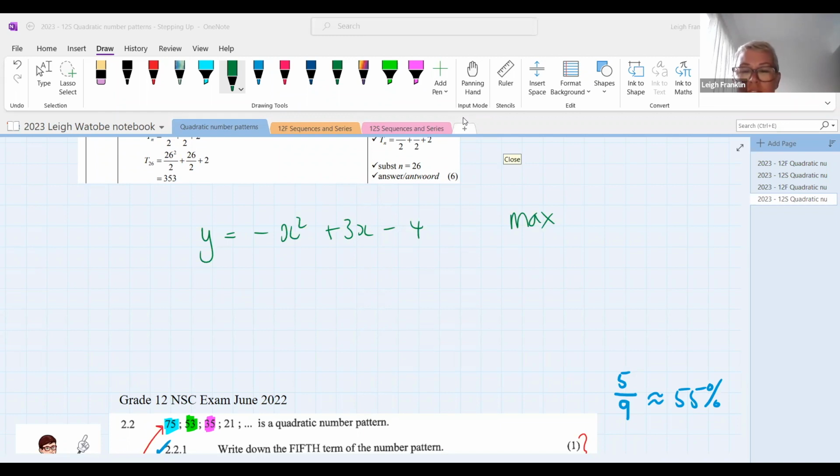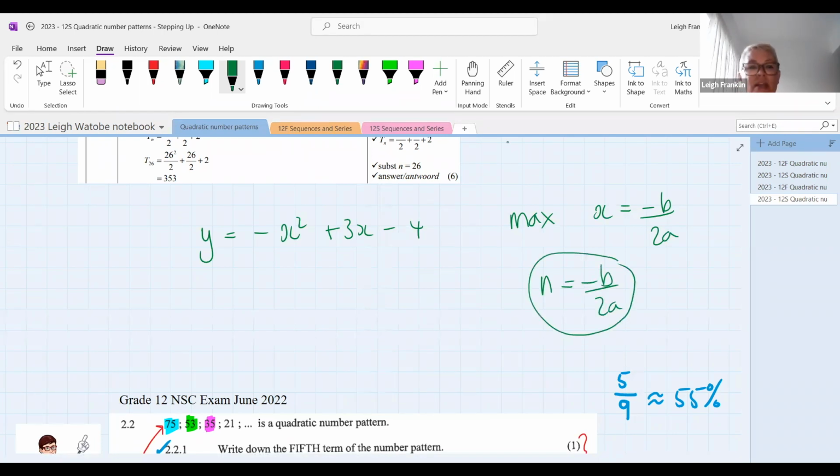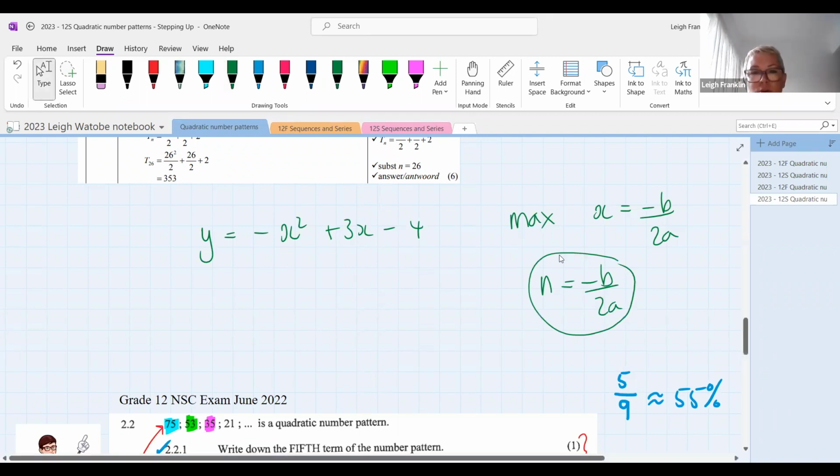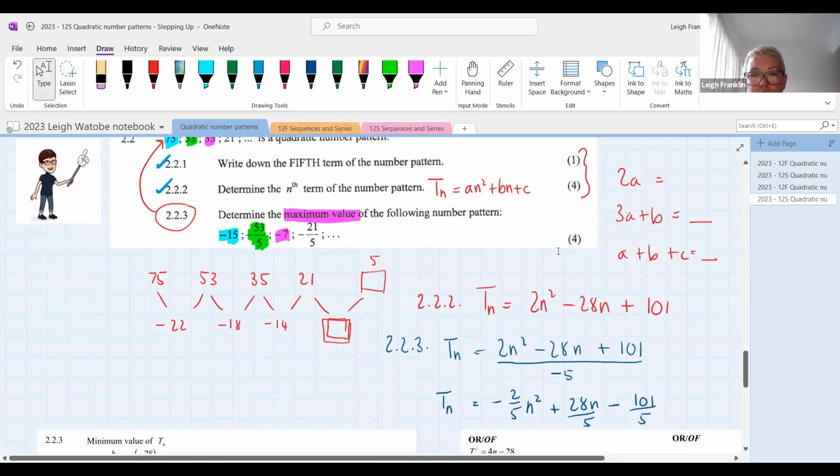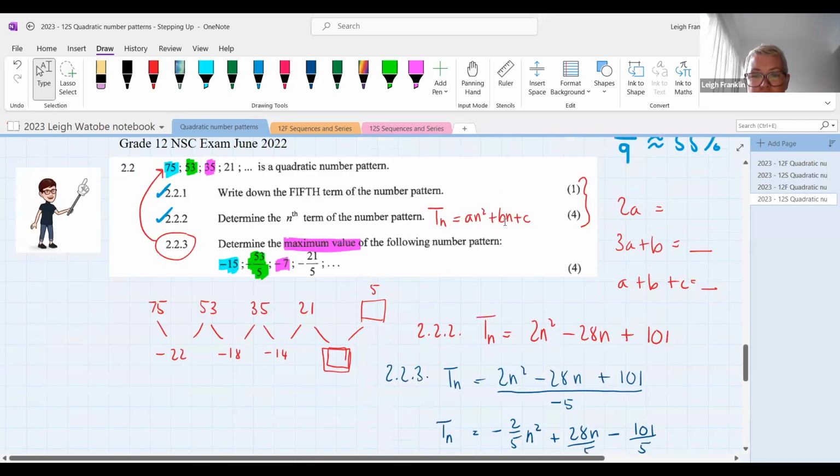Beautiful. Nice. Remember that formula, x equals minus b over 2a. But in this case, we're talking about n equals minus b over 2a. So yes, you can use that.